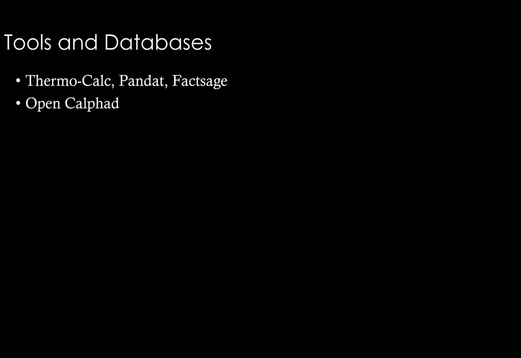Now we will see about tools and databases, software for doing CALPHAD. Thermo-Calc, Pandat, and FactSage are a few commercial software. OpenCalphad is not commercial. So these software have routines for doing Gibbs energy minimization and assessment.